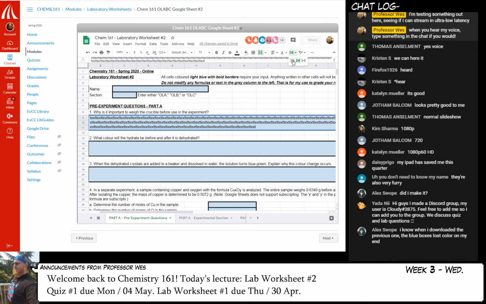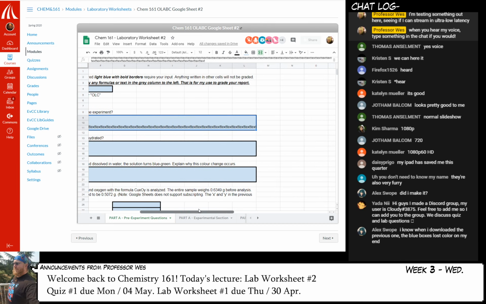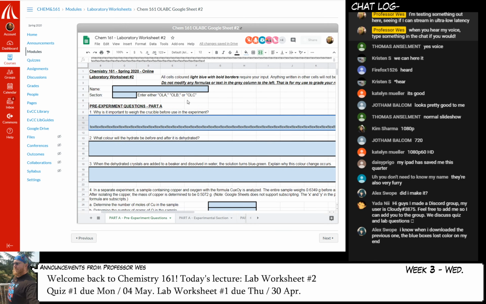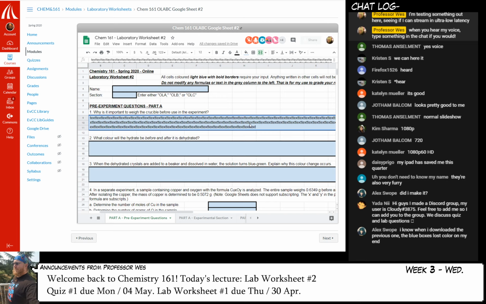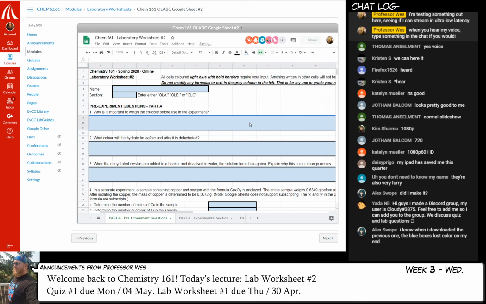Some of the boxes may accidentally have their formatting like this, where the text just scrolls out of the box. If you see that on any cell and you want to fix that, then the way to do that is you click up here where it says text wrapping, and you turn text wrapping on with the middle option. If you type in an answer and it takes up more space than the blue box allows, so 3 lines of text, you've typed too much.